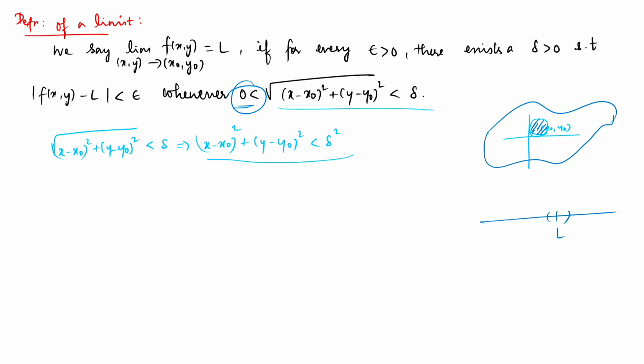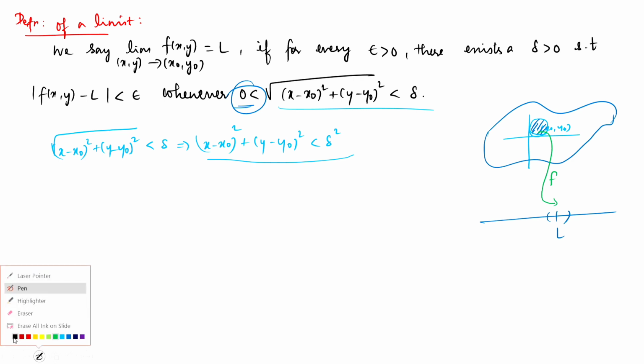So here it tells you that if you take any point on this disk and apply the mapping, it has to land in this segment only. So through f you reach here. This is the definition.